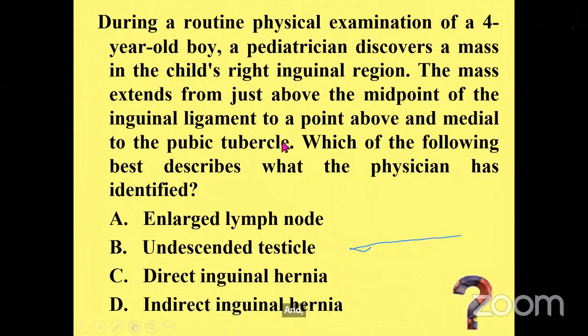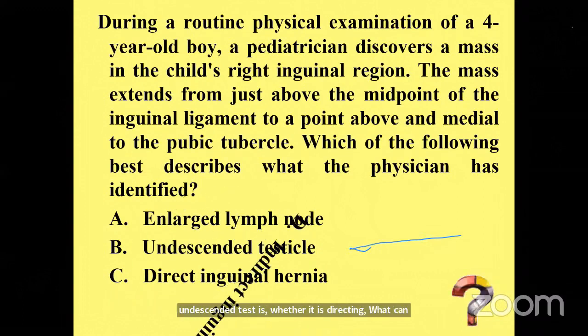From the question itself, you can say what it is, because the position is above and medial to the pubic tubercle. Whether it is enlarged lymph node, undescended testis, direct inguinal hernia, or indirect inguinal hernia. What can be the answer?